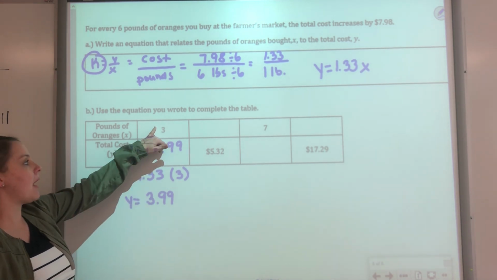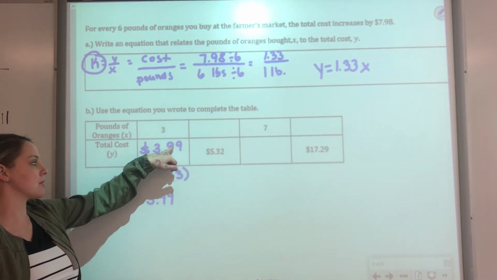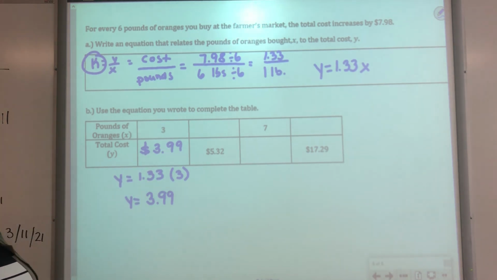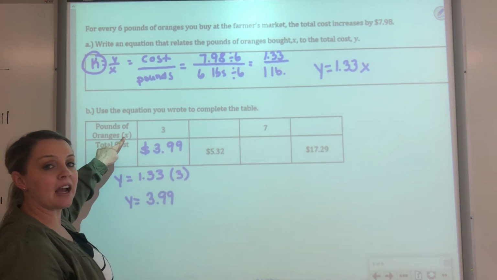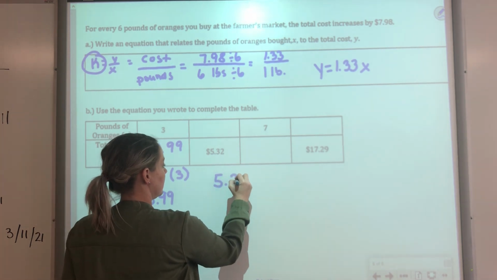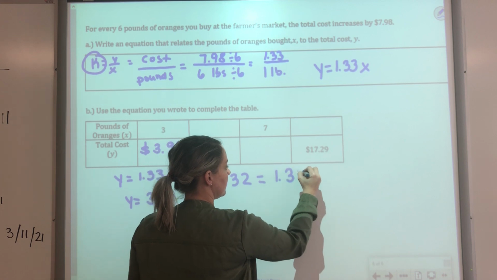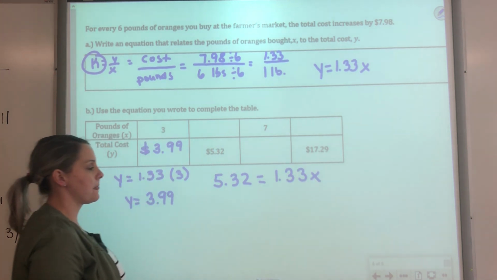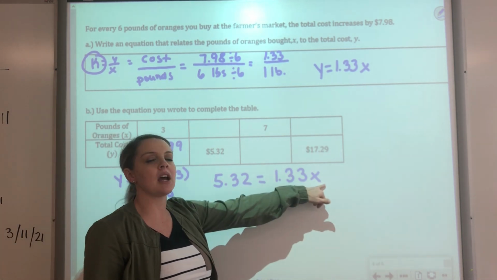So again, the pounds I just plugged into my equation, and I multiplied $1.33 times 3 to get the total cost of 3 pounds of oranges. Now this one's a little bit different because it gave me my y, so I have to find my x. So it goes back to equation solving. I've got $1.33 times x.